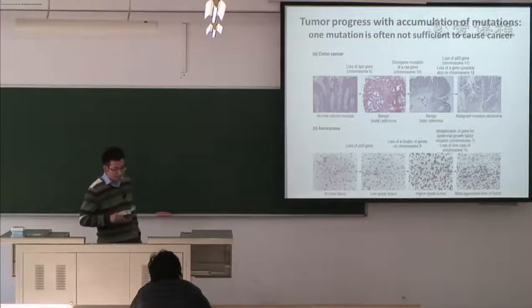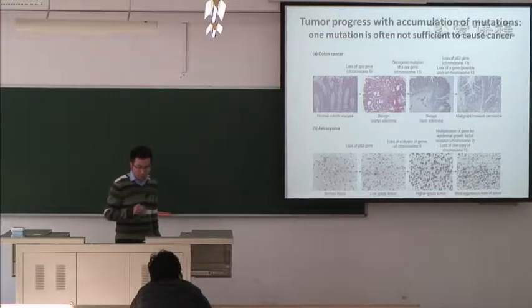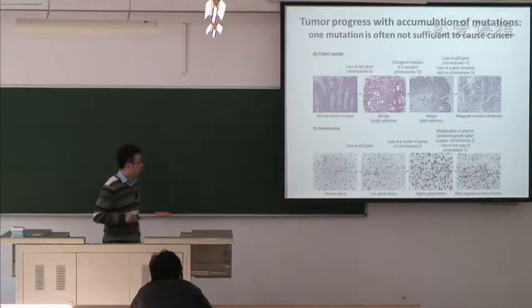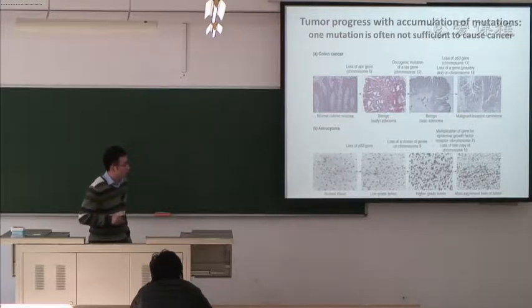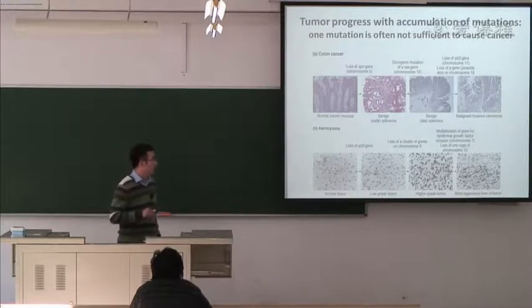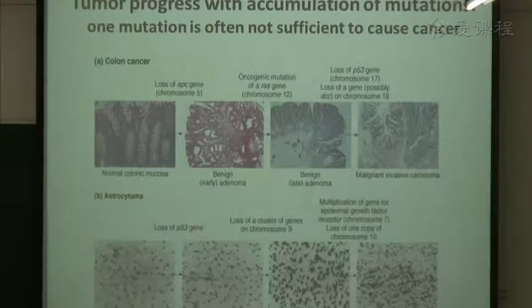This is a very common and rapidly developing brain tumor, and you can see here, from normal to malignancy, it requires a couple of changes, including loss of function of tumor suppressor genes and activation of some oncogenes.